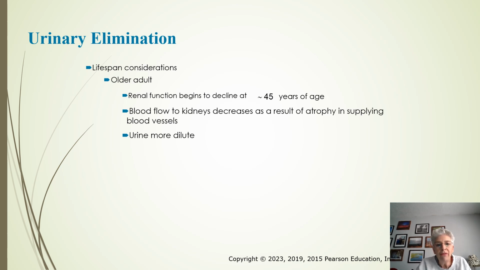Blood flow to the kidneys decreases. Atrophy means to decrease in size, so the supply of blood flow also decreases. Urine becomes more dilute potentially. Keep this in the back of your brain: as we get older, things get older, and in this conversation, our kidneys get older.